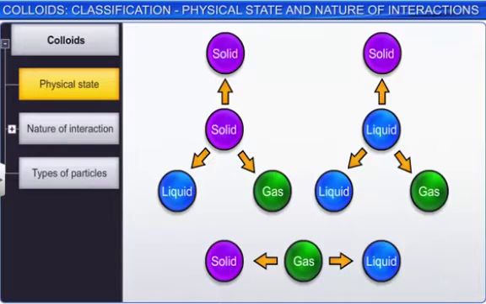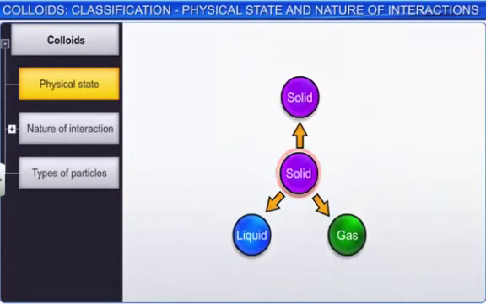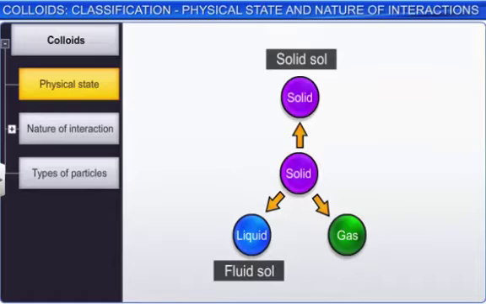Dispersion of a solid in a solid, liquid, or gas dispersion medium results in the formation of a solid sol, fluid sol, and an aerosol respectively. Colored glass and gemstones are examples of solid sols.